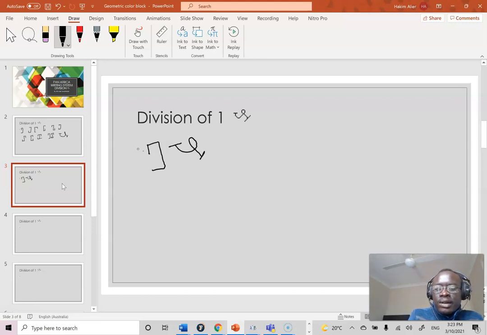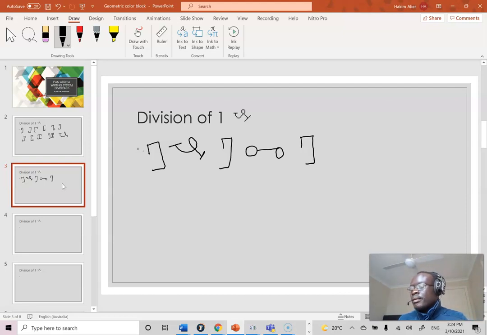So 1 divided by 1, equal sign is this way, this will always give me 1. In every circumstance, dividing a number by itself will always give you 1.